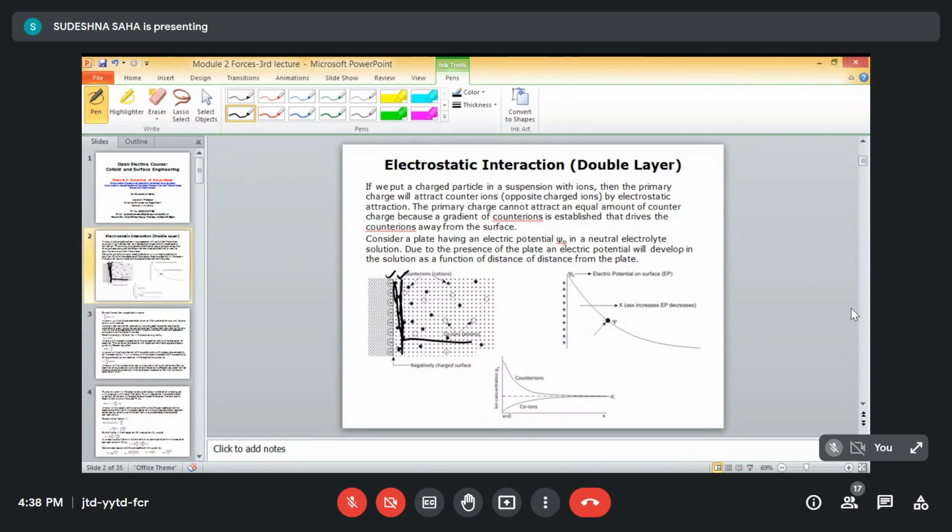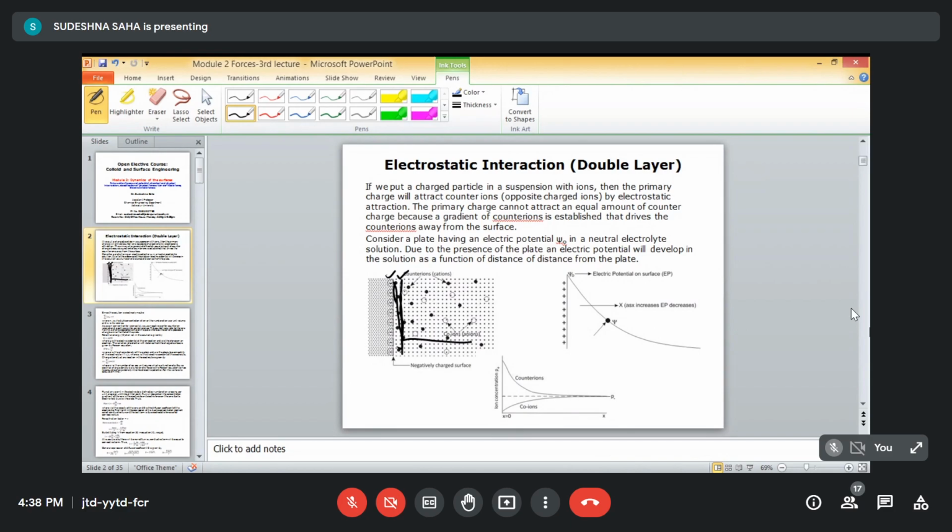But this is not exactly the real case; this is an ideal case, and that is basically known as the assumptions for Boltzmann theory. So we will go to that.